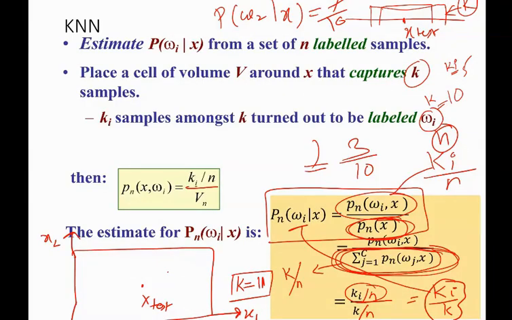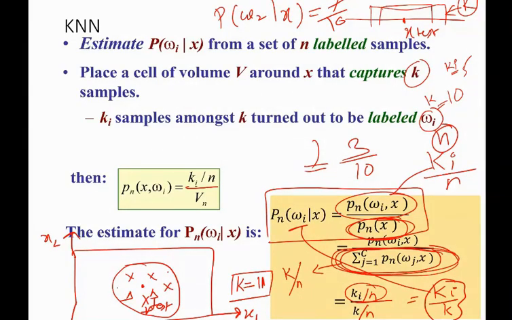So in such cases, basically we take an odd number of K. Now suppose this is x test. What I do is move around and collect 11 samples around this x test.